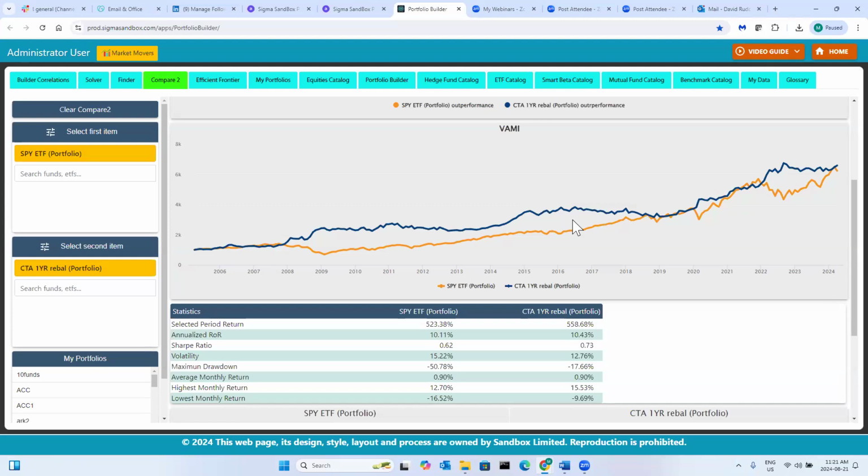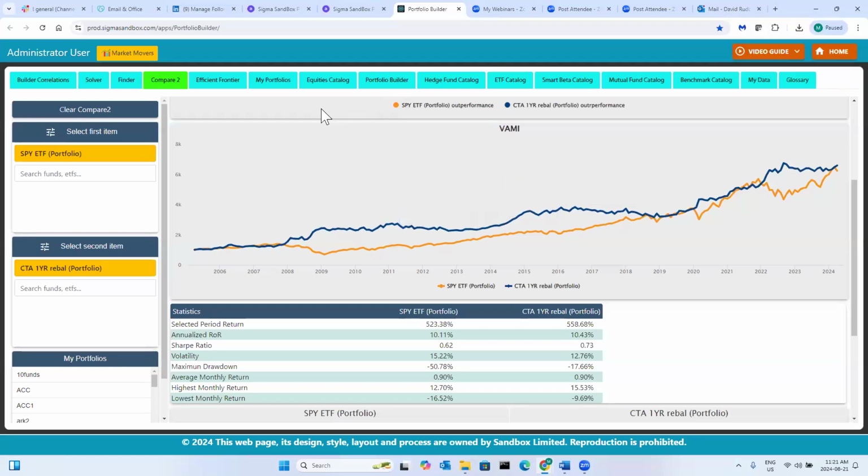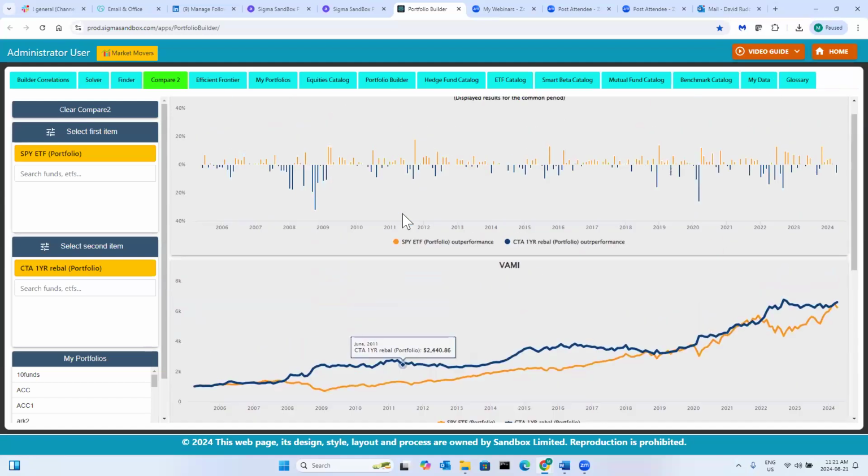So the corollary of that is that because CTAs go through a process of filtering their capital allocation by the level of volatility, both at initiation and while the trade is on, they're very good at targeting volatility. What a CTA is really good at is targeting volatility.